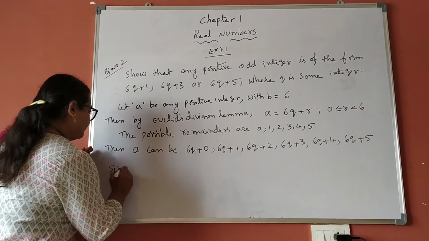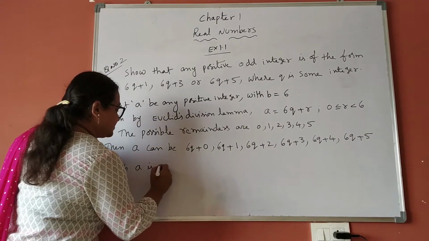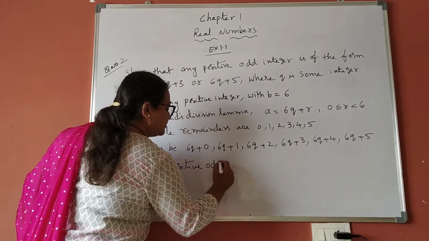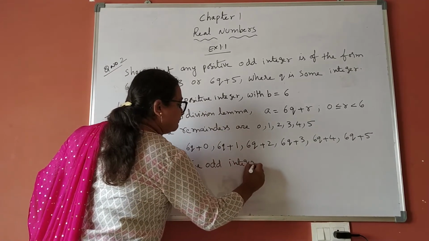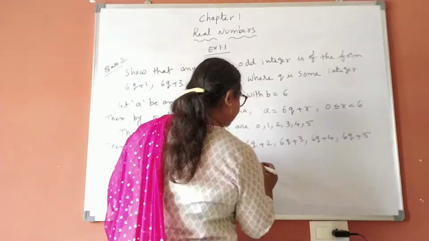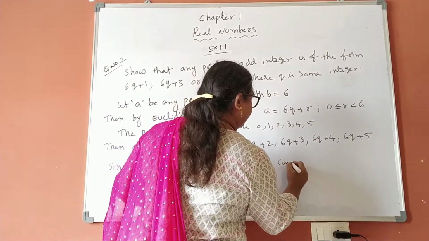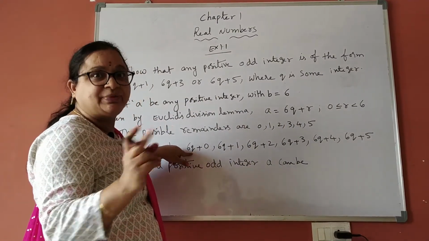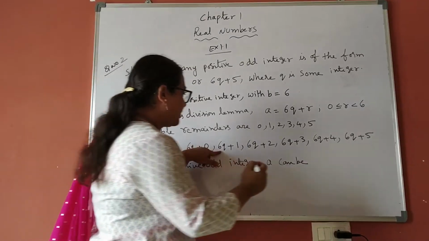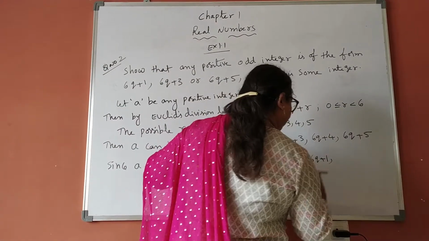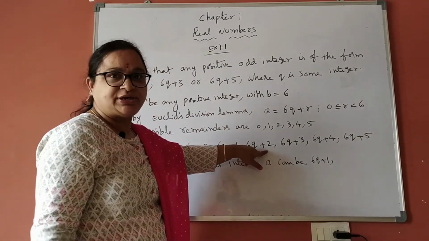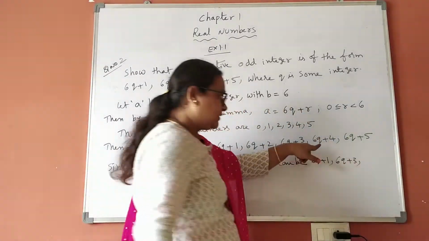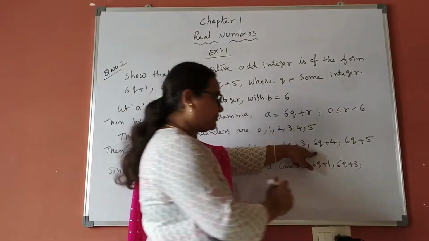Since a is a positive odd integer, a cannot be 6q because it is an even number. a can be 6q plus 1. In the same way 6q plus 2 is even. So 6q plus 3, 6q plus 4 again it is an even number.